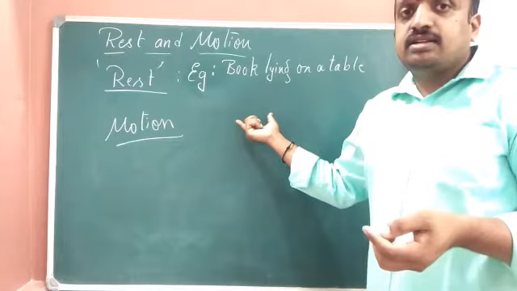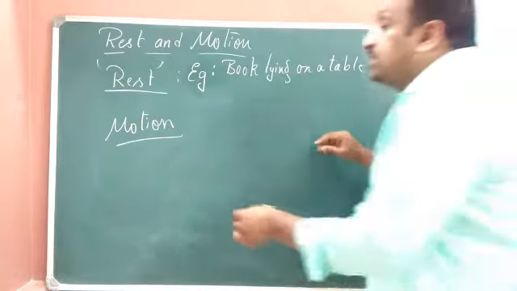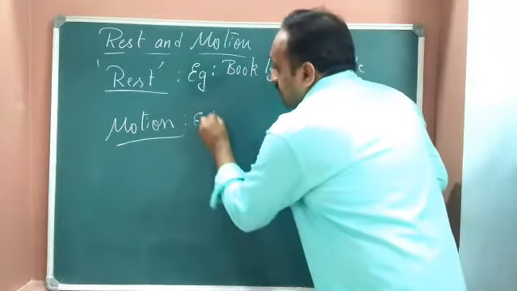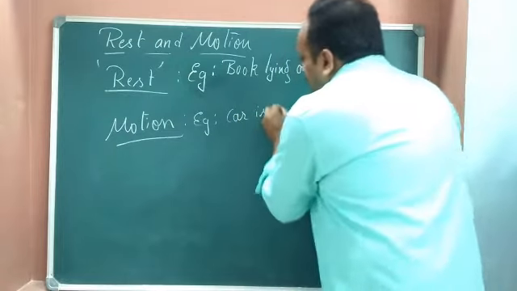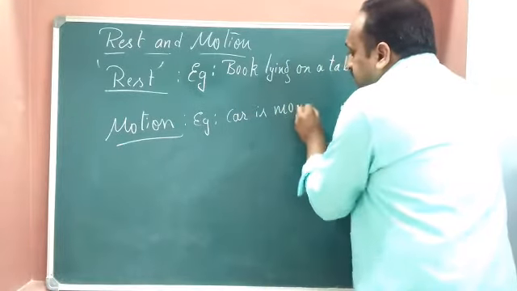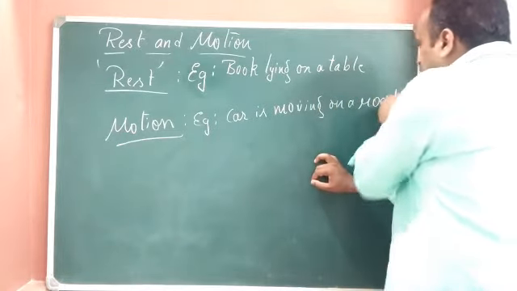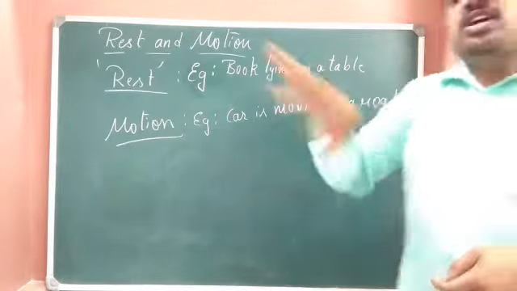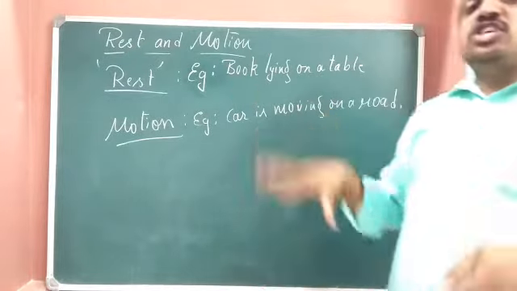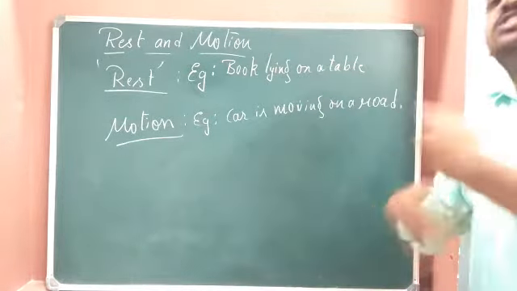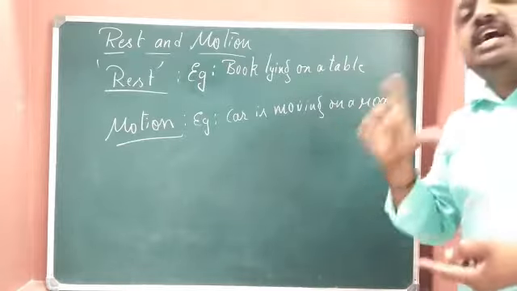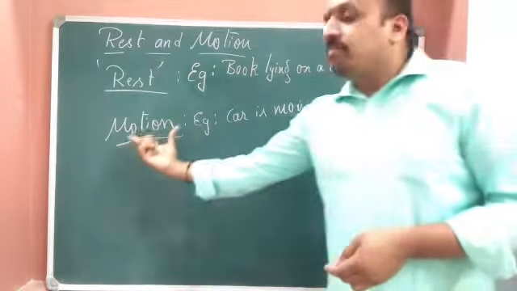It's very clear. The second one, a car moving on a road. If the car is moving on a road, the position of the car keeps on changing. So that condition is called motion.